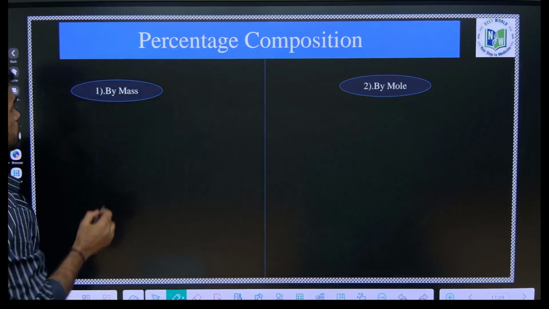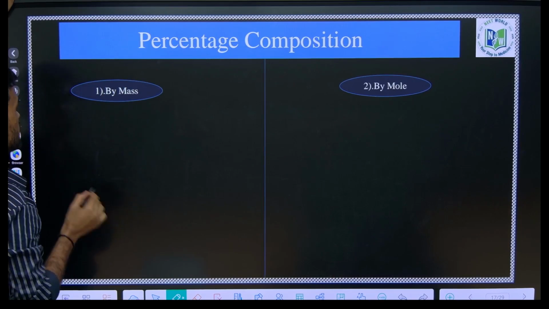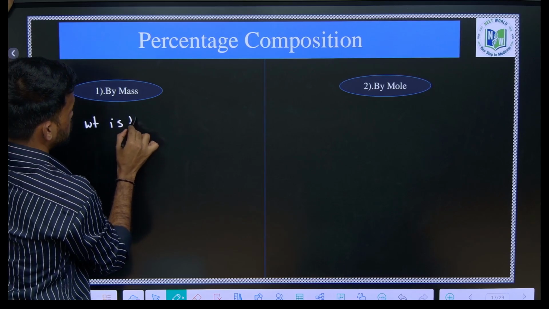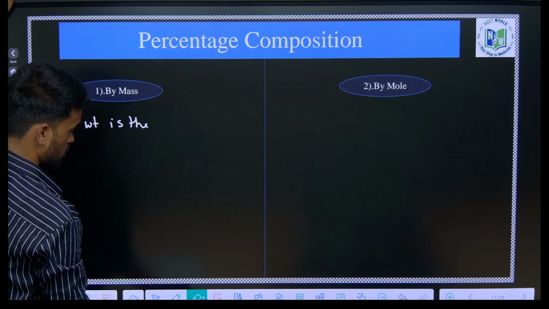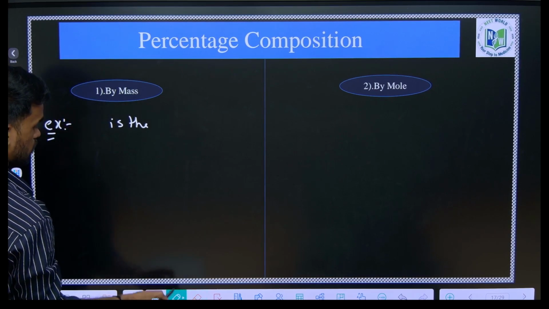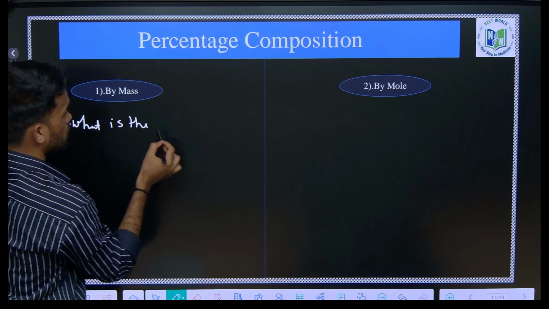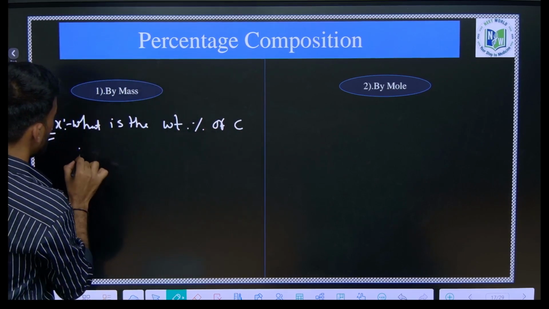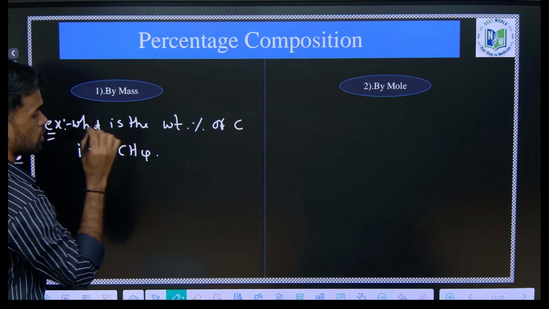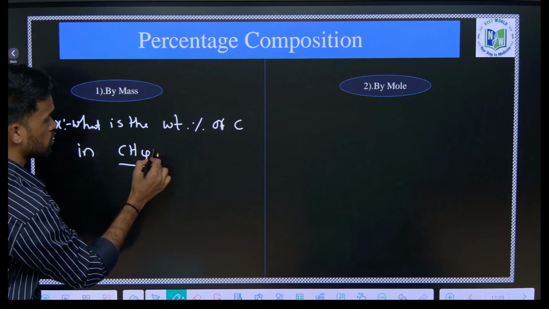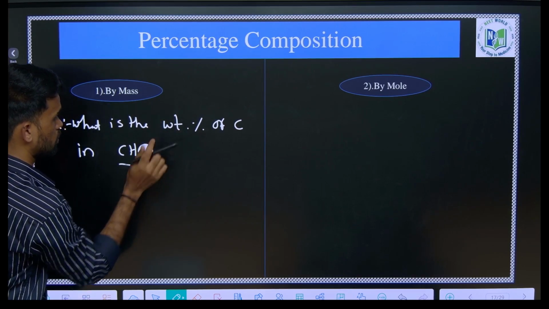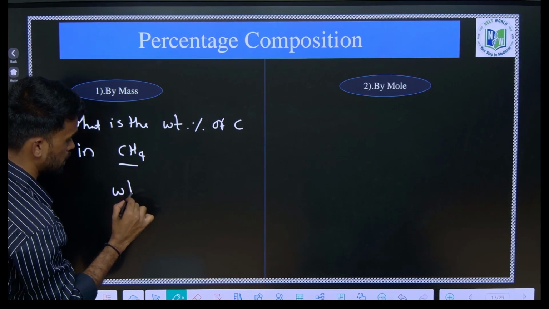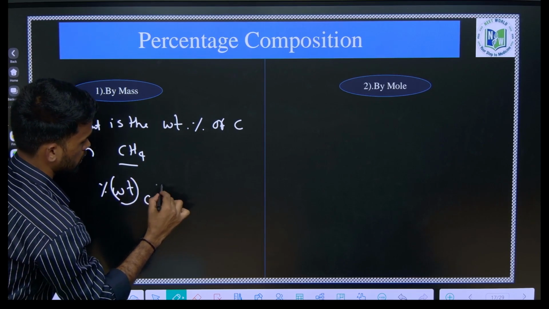If they ask by mass, for example, let us say a question: what is the weight percentage of carbon in methane? If they mention it like this, how do we do it? Methane formula is CH4, no? So you can directly take the weight of carbon in this.